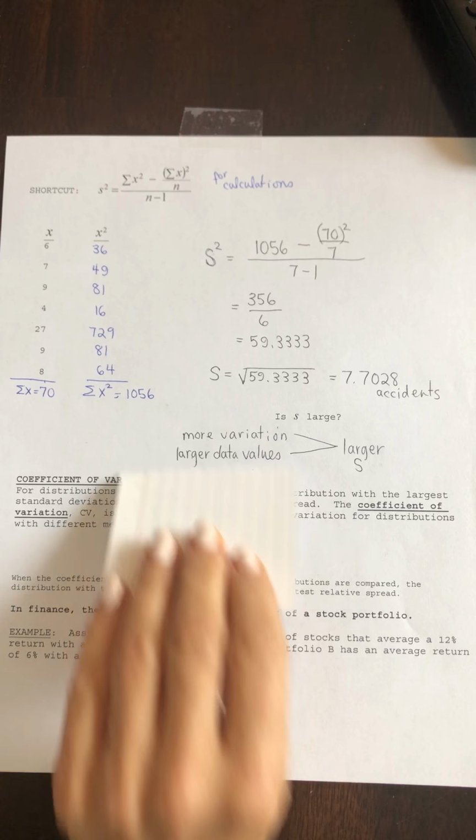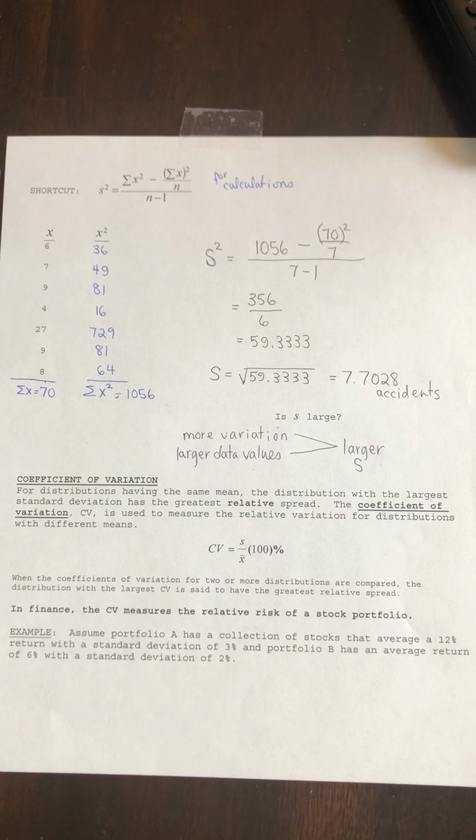If you recall, in a previous example when we were comparing Mr. A and Mrs. B, remember their classrooms, and we wanted to know which class to take if we wanted a C, we could have compared the variation between those directly because they had the same mean. So those values were on the same scale, and so that was okay.